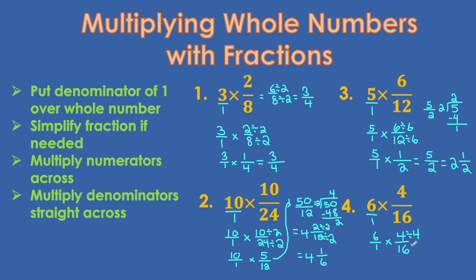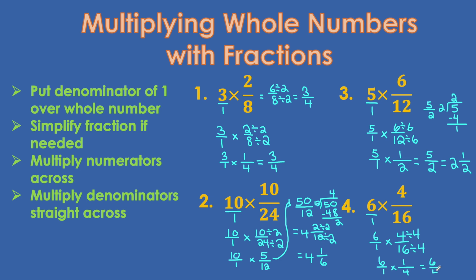Divide top and bottom by 4. So we have 6 over 1 times 1 over 4. Now we multiply straight across. 6 times 1 equals 6. 1 times 4 equals 4.